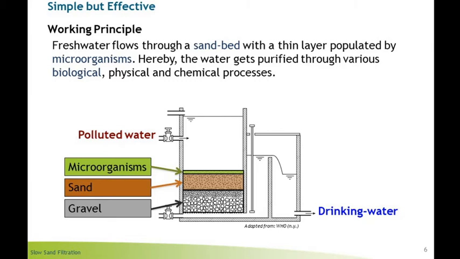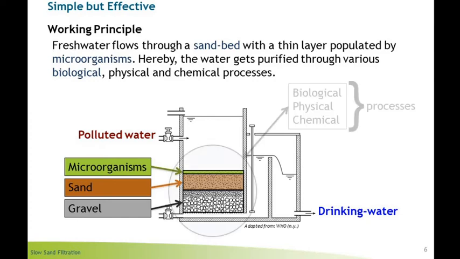Above that are the microorganisms which carry out the microbiological process, the microbiological metabolism, where they oxidize organic impurities into harmless compounds. In this way the water is allowed to pass freely through the sand bed, and during that process it is filtered and purified, and you get the pure water at the bottom of the filter.